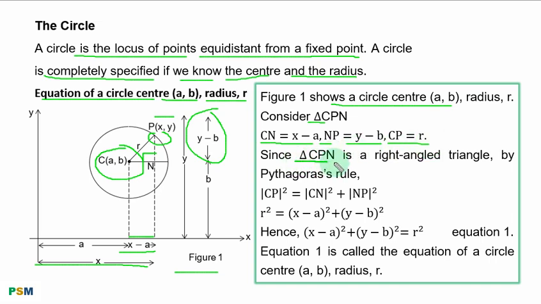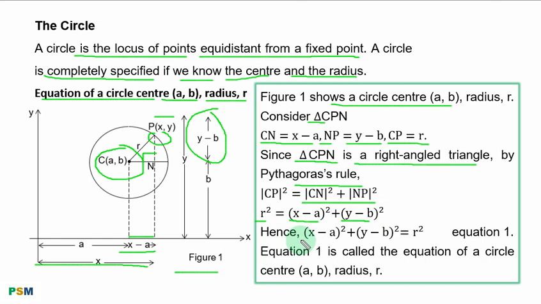Since triangle CPN is a right-angled triangle, by Pythagoras rule the square on the hypotenuse CP is equal to the sum of squares on the other sides. CP is r, so CP square becomes r square; CN square is (x minus a) square, and NP square is (y minus b) square.